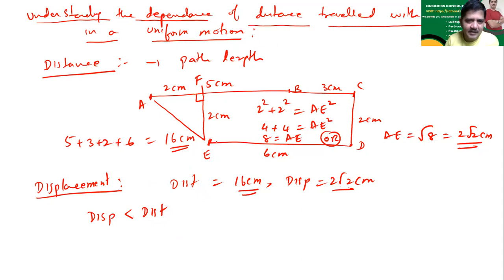You can say the person has not gone only in a straight line, but also has taken deviations. He is not always moving away from me. Sometimes he is moving away from me, sometimes he is moving towards me. Can we say that? Of course. So whenever displacement is less than distance, we can say the path is not always a straight line. This is what you can mention.